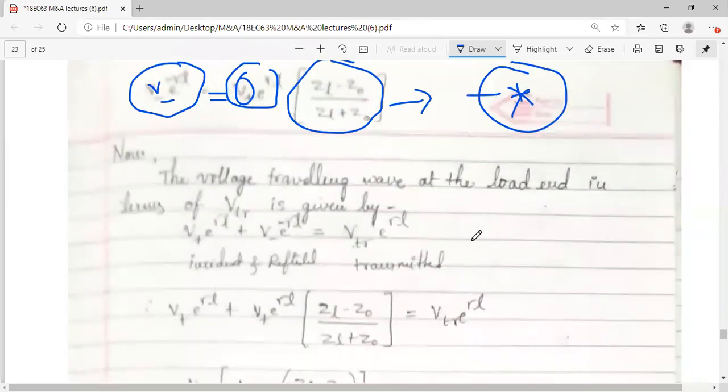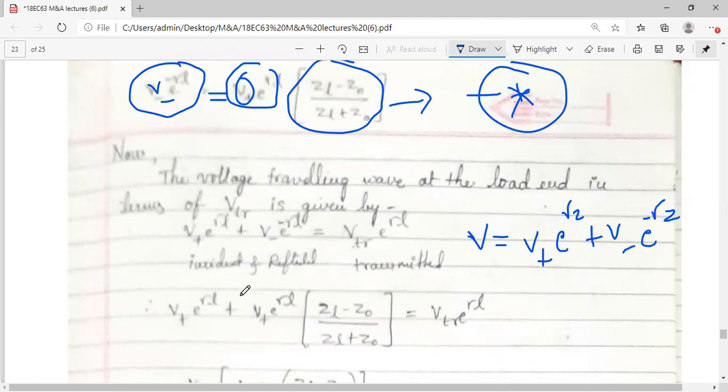Now, we have already seen transmission line equation solution V and I, out of which we are now interested in voltages. V is equal to, what was the equation? V plus e raised to gamma z plus V minus e raised to minus gamma z. This was the equation.